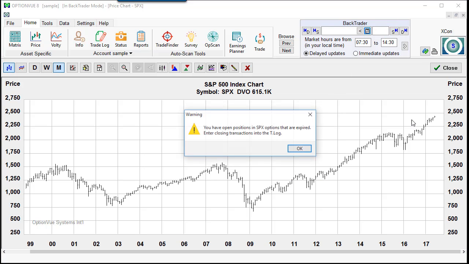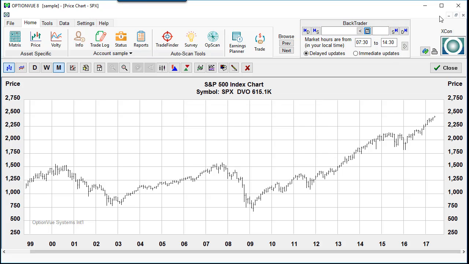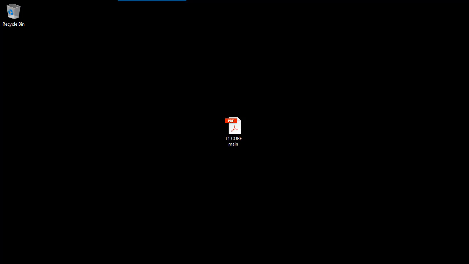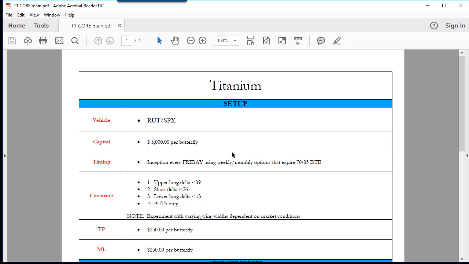So anyway, I don't want to just keep rambling on that, but again, this is how you set up, and this is how you test this particular trading structure, this guideline, this module, if you will. It's one of 8 modules that we're going to go through and run examples on.